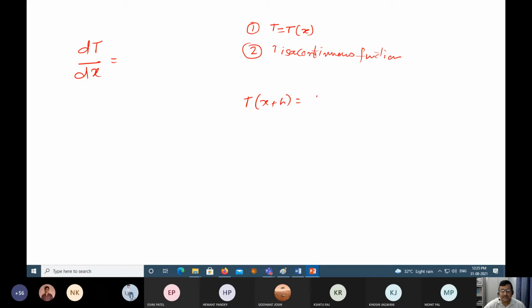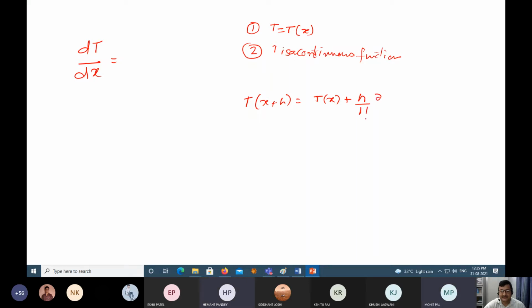So T at x, then what is the second term? h by 1 factorial into del T by del x.